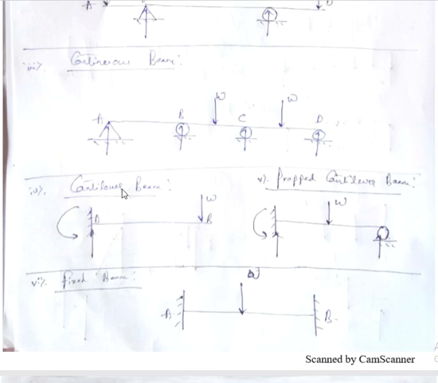Now coming to the next type of beam, it is called the cantilever beam. A cantilever beam is represented by this symbol. This symbol represents that the beam is completely fixed inside this support. We cannot move the beam left, right or up and down. It is completely fixed. This is called a cantilever beam.